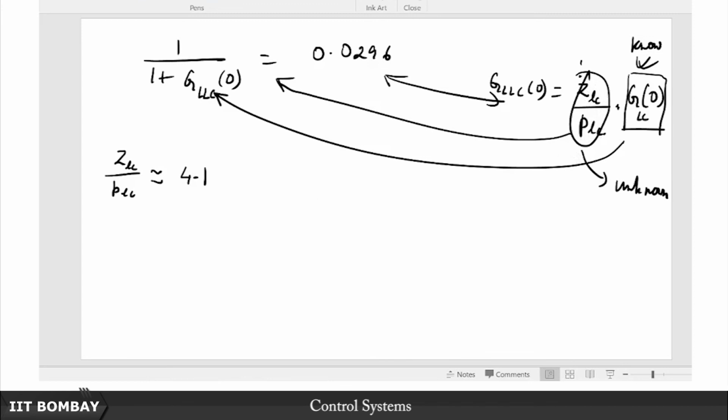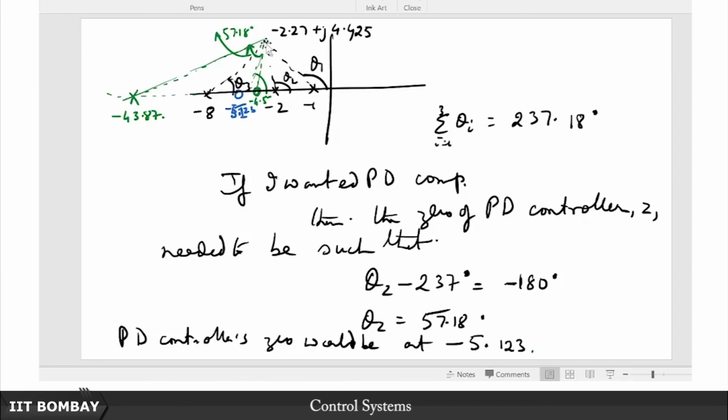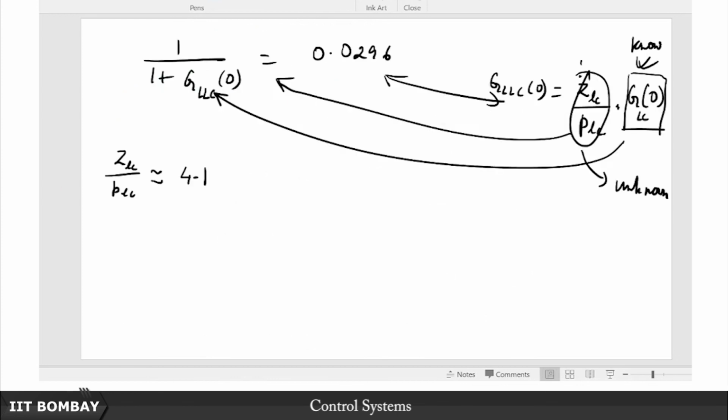Again here, because nothing much is at stake, when I place my pole-0 pair for the lag compensator here, very close by, these will hardly make a difference either to the K or to the total phase angle. Maybe I will have a small shift, but that is acceptable to me, because after all this is an art, as I told you, not exact computation.